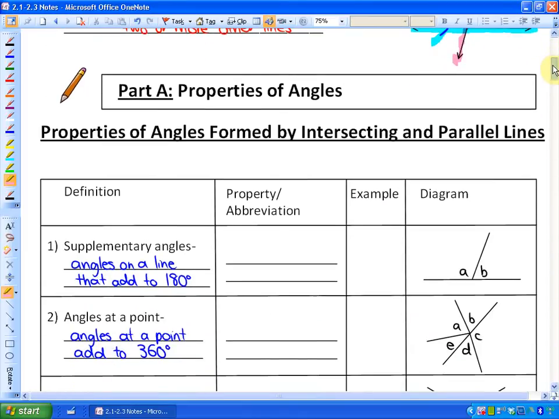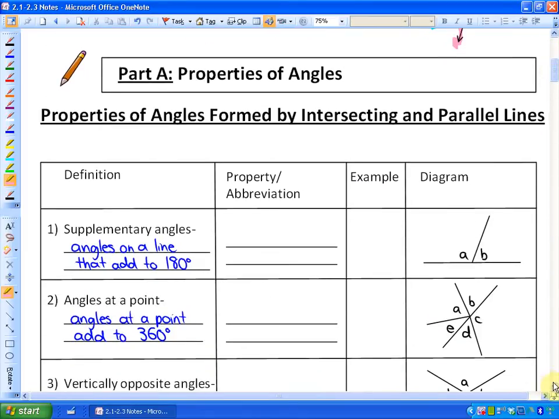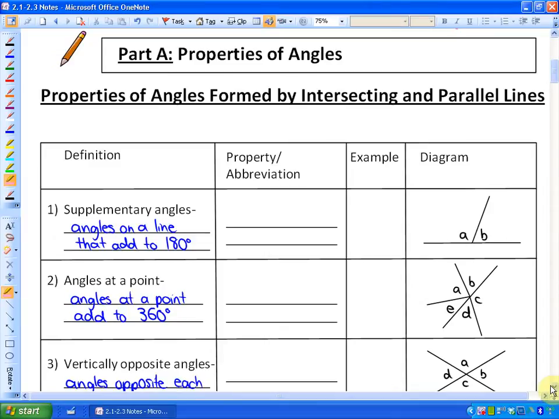All right, part A, properties of angles. And lots of different definitions and just some theory based on it. First of all, supplementary angles are angles on a line that add to 180 degrees. So on this particular line over here to the right, angle A plus angle B, because they're on a line, add up to 180 degrees.